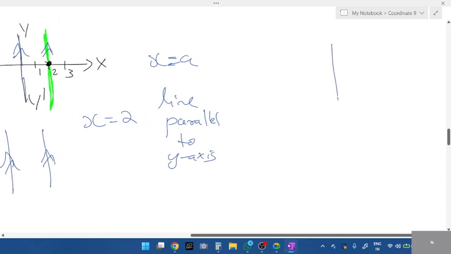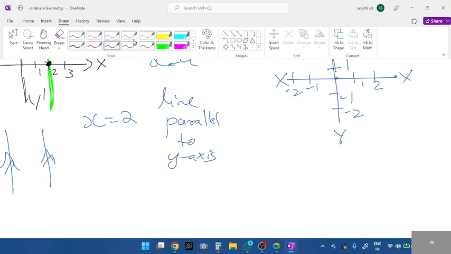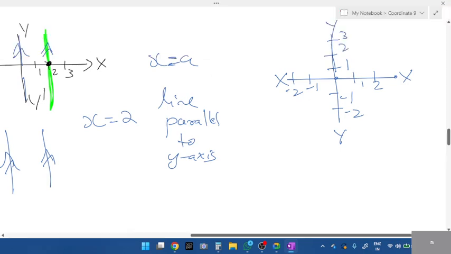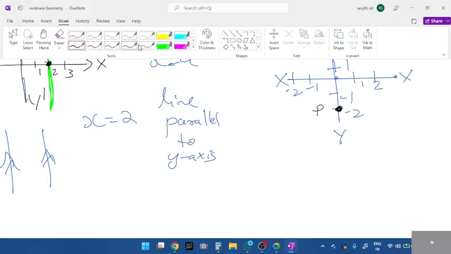Okay, in the same way, like this, 1, 2, 3. This is y dash, minus 1, minus 2, x dash, 1 and 2, minus 1, minus 2. Okay, where is this point? Where is the point P, students?